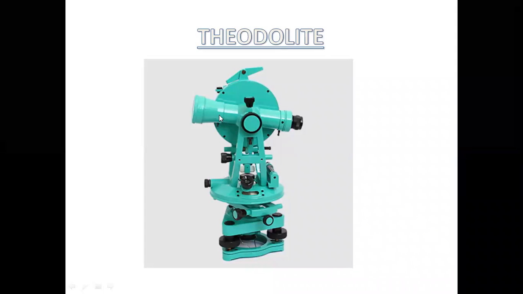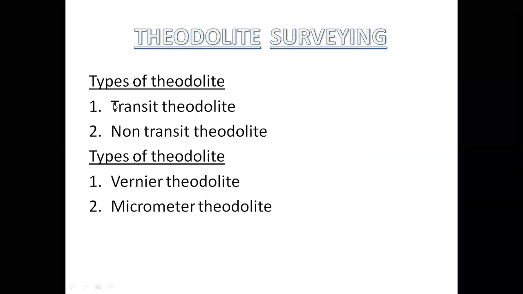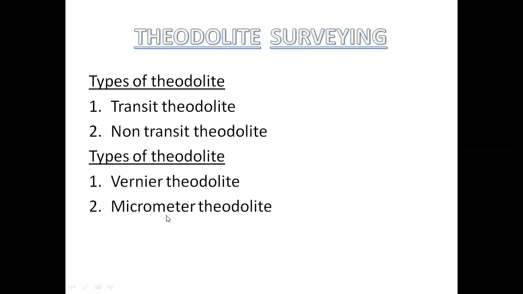Then it is also called a non-transit theodolite. Okay, these are the two types of theodolite, transit and non-transit, depending on the revolution of the telescope.